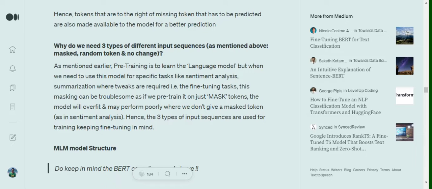If we trained the entire model just on masking certain tokens, the model would certainly be biased on certain problems, and it might not be able to perform well on certain particular tasks. In certain tasks we won't be having any masking happening. So in that case, the model may overfit if we just provide mask tokens for 100% of the data set. That is why we are bringing some randomness into the data set, so that the model doesn't overfit on the masked language modeling problem only.